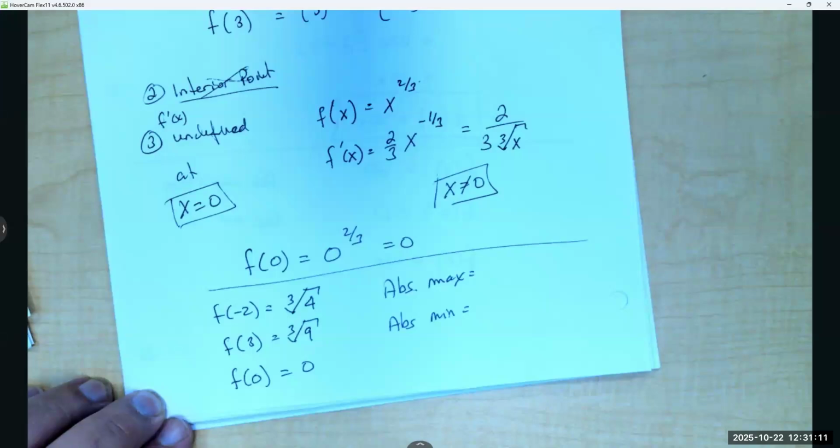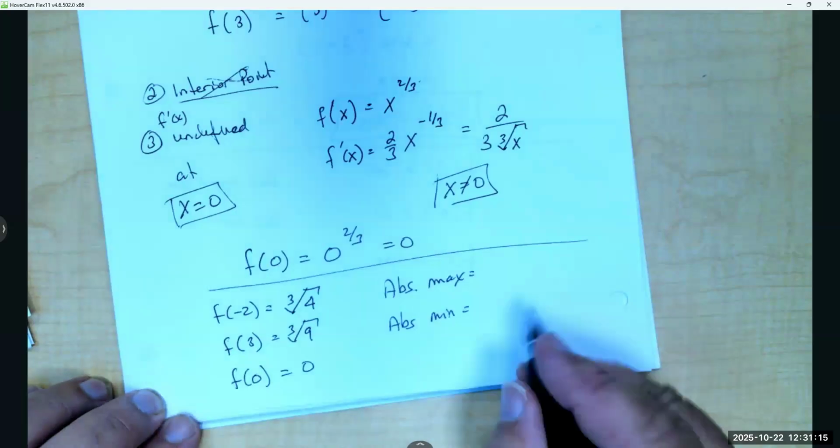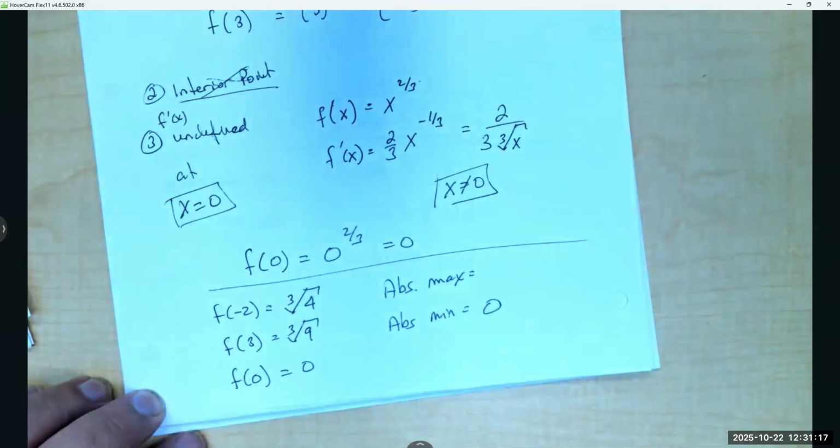Okay, let's try something easier. What's the smallest of those 3 numbers? 0. What's the largest of those 3 numbers? Since they're both cube roots, which number is bigger, 4 or 9? 9.